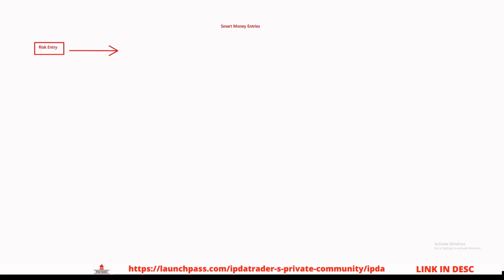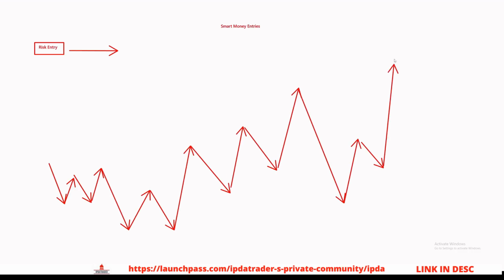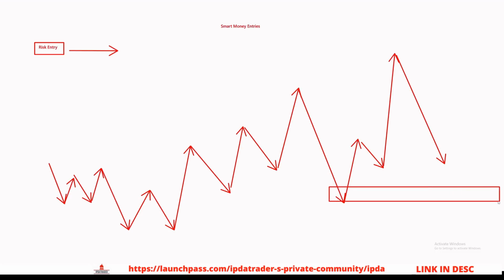So for those of you who don't know, a risk entry is basically, let's say as an example, we have a market of this sort over here, and you're looking to take an entry over here.